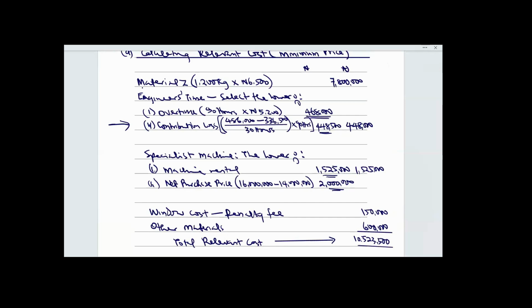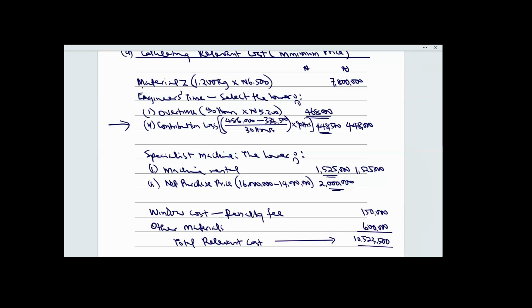I did explain. You know, in the question you are told that the engineers will require 90 hours on the contract. So if the company moves away from product Y, the company will lose contribution. First, you need to determine the contribution per hour that the company will lose.